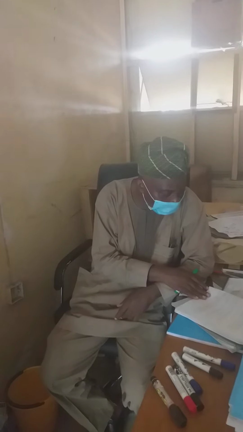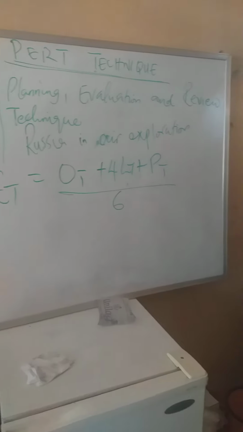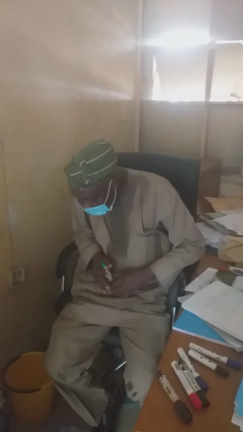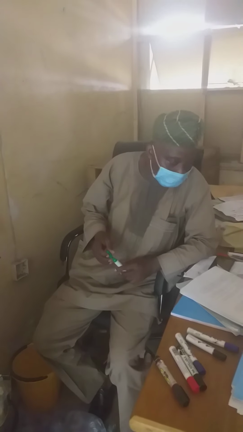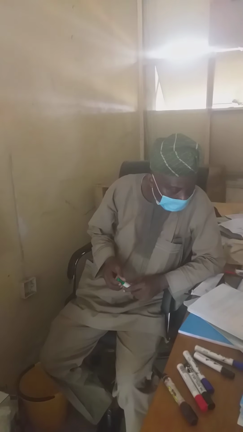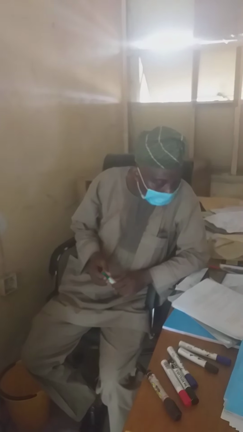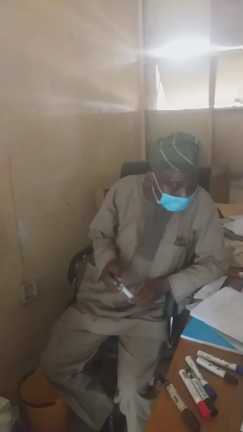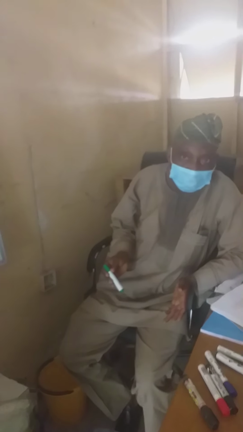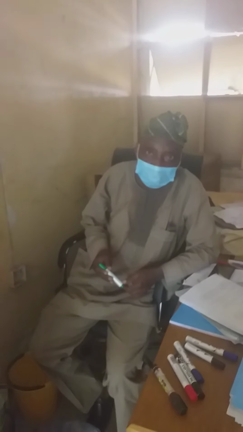So then the PT, which is the last one there, is the pessimistic time. That's the opposite of optimistic. The first one was optimistic, then the second one is pessimistic time, which assumes the most unlikely condition will prevail for the project to be completed.